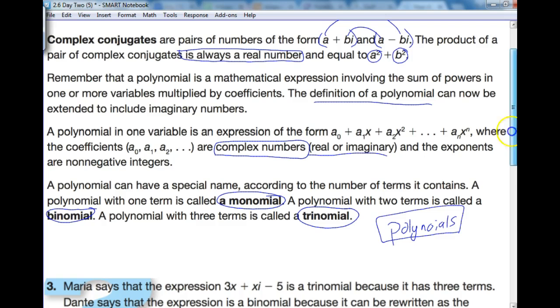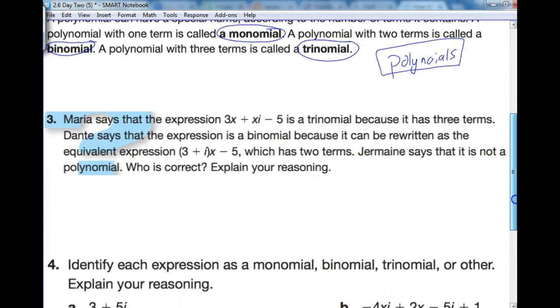It's kind of goofy. So we're coming down here to number 3, and we're looking at Maria. Maria says that the expression 3x plus xi minus 5 is a trinomial because it has three terms. It has 1, 2, 3 terms. Remember, terms are separated by addition and subtraction.